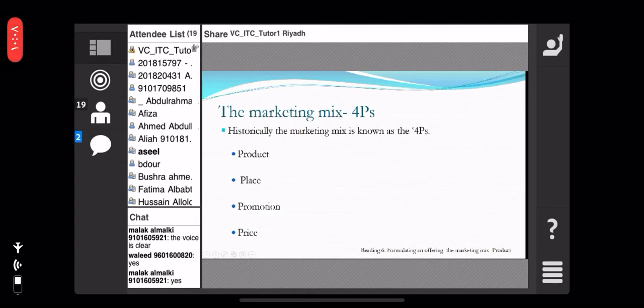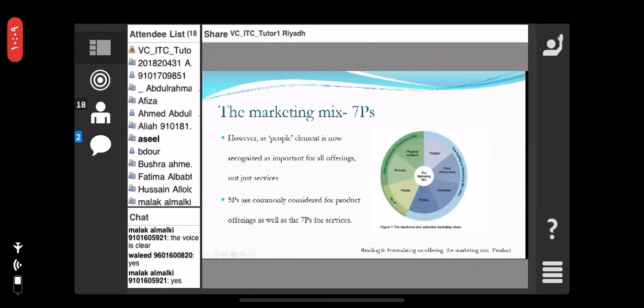Plus, of course, it has a price. So any tangible product consists of product, place, promotion, and price. Similarly, when we are talking about services, we will consider 3 more P's. So 4 plus 3, total 7 P's.